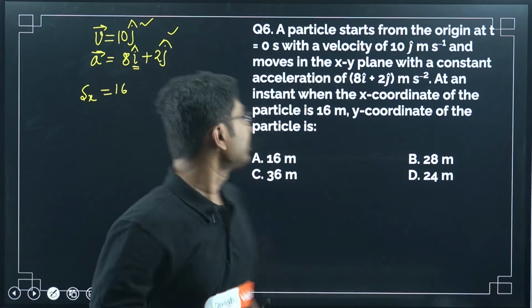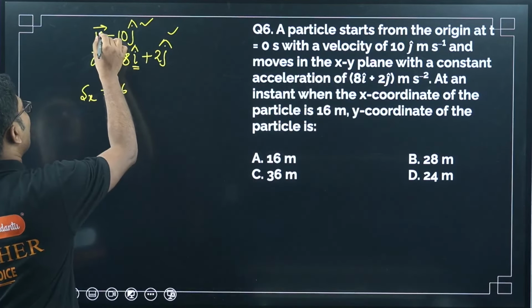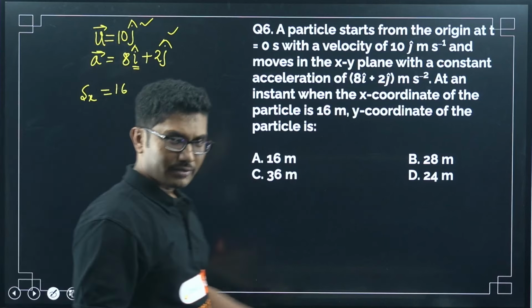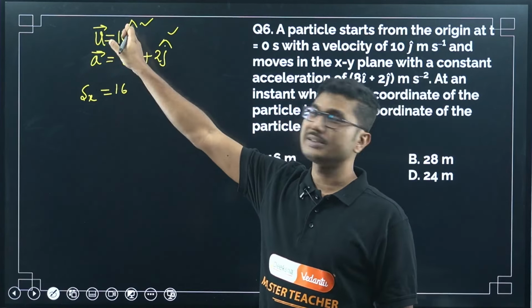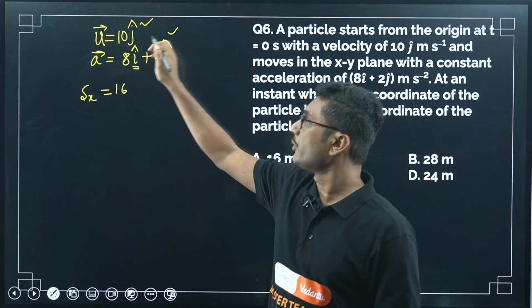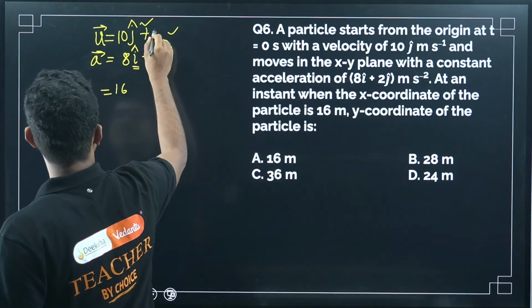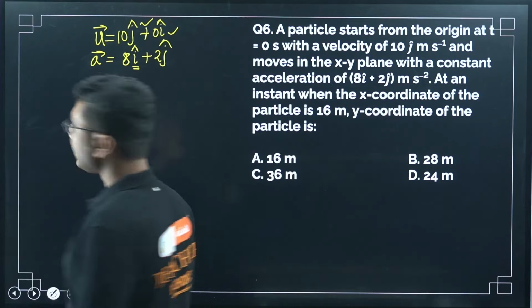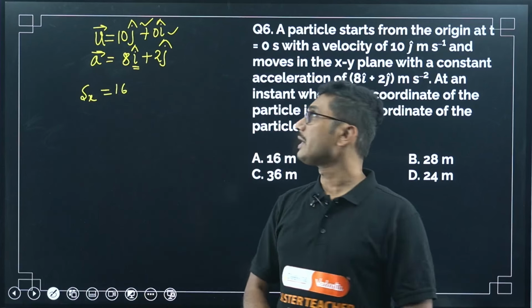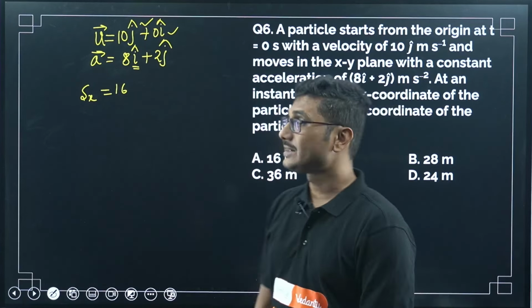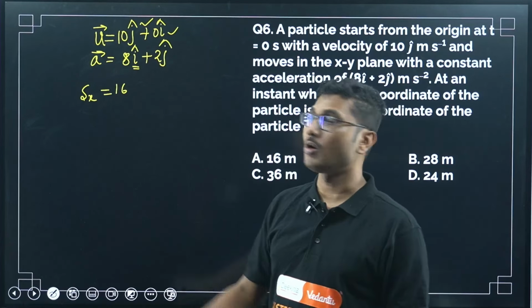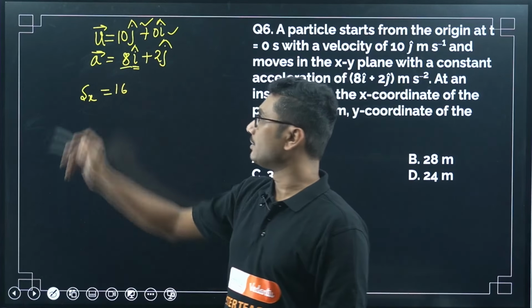Let me write it using the more familiar term u, our initial velocity. It is 0 because there is no i component, no i component means you can write 0 i cap. So initial velocity along x is 0. What is the constant acceleration along x-axis? The acceleration component along x-axis is 8.